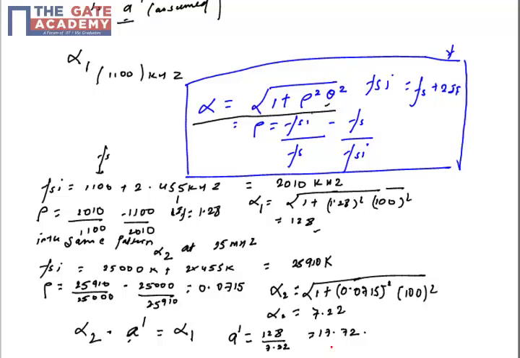I have alpha, I have rho, which is the same 0.0715, and I have to find the value of Q. So 17.72 is equal to the square root of 1 plus Q square into 0.0715 whole square.